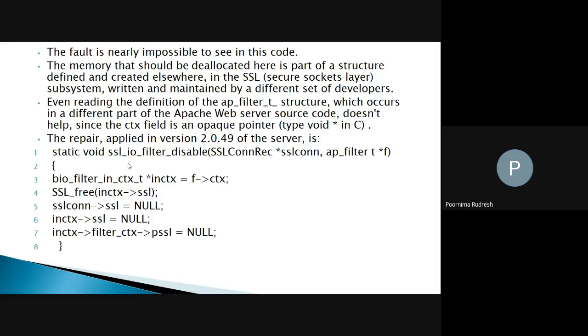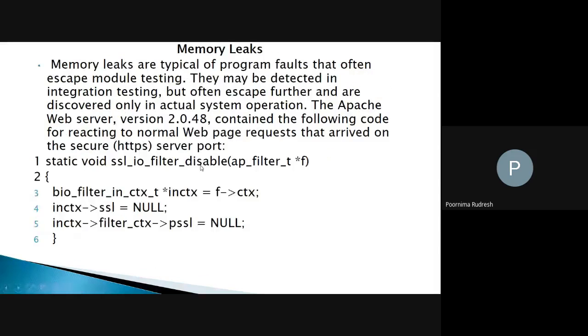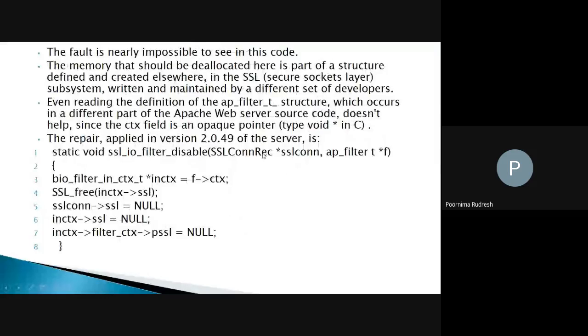Reading the definition of the app_filter_t structure, which occurs in a different part of the Apache web server code, does not help you, because the ctx field is an opaque pointer, that is a void pointer in C. The repair applied in version 2.0.49 of the server changed this statement; if you compare this statement with the earlier one, that particular fault is repaired.